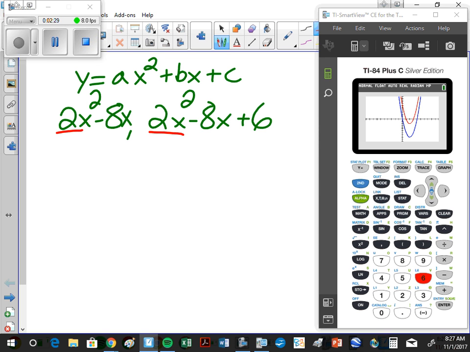It tells us two things. What does that positive 2 tell us about the parabola? It's twice as tall, and it's positive, which means it opens up.